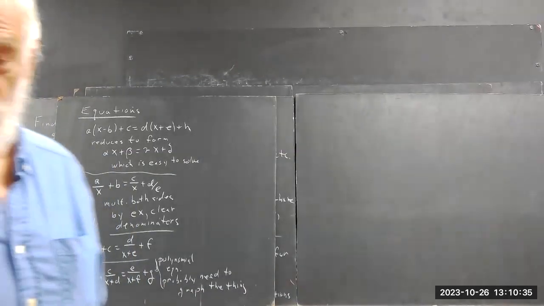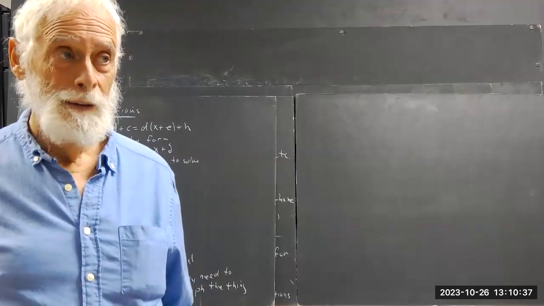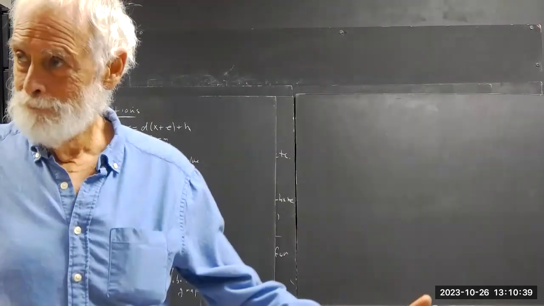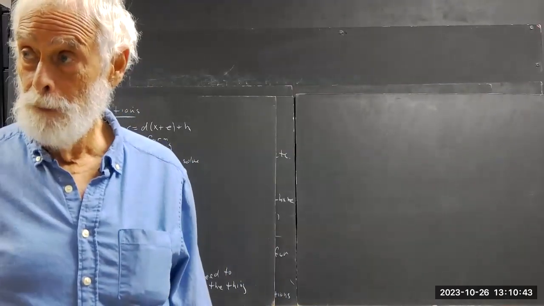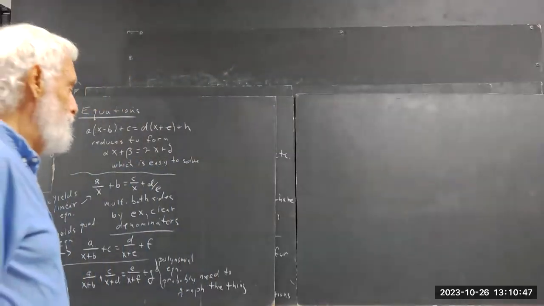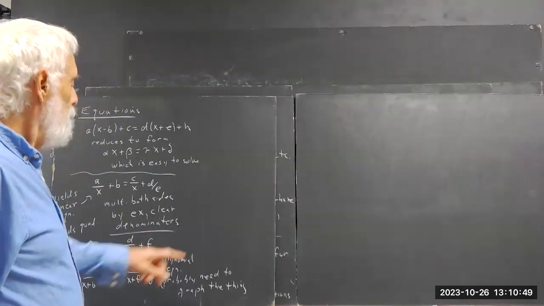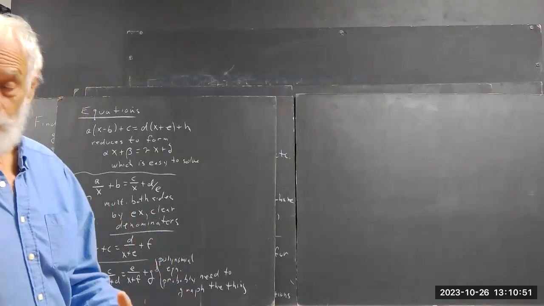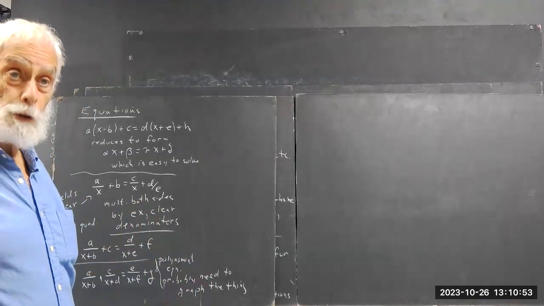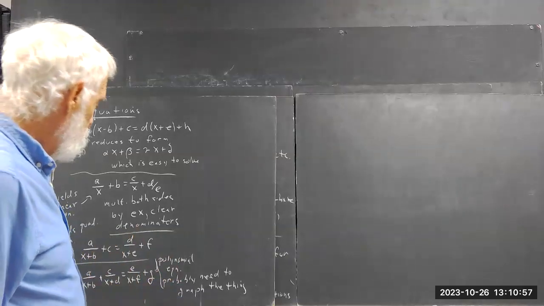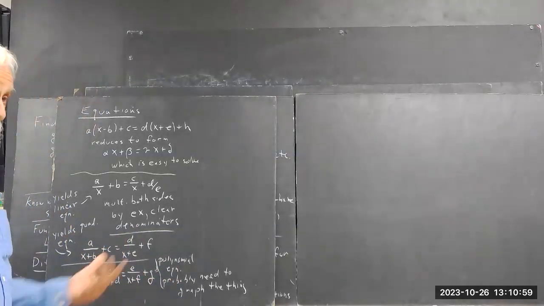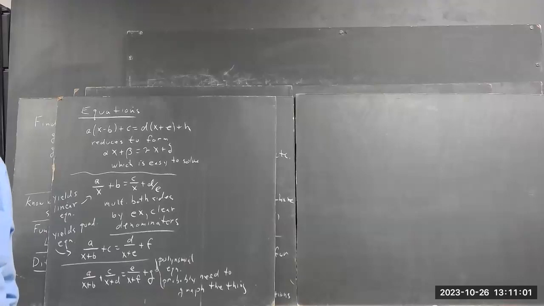Because most polynomial equations can't be solved by any reasonable method, any method that's accessible at this level or even at the calculus level. Although there are approximation methods that you learn, especially if you know calculus. Once you know calculus, it allows you to solve these.